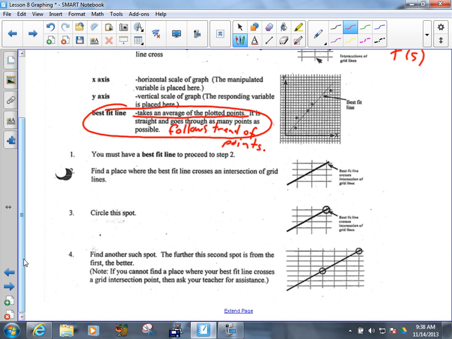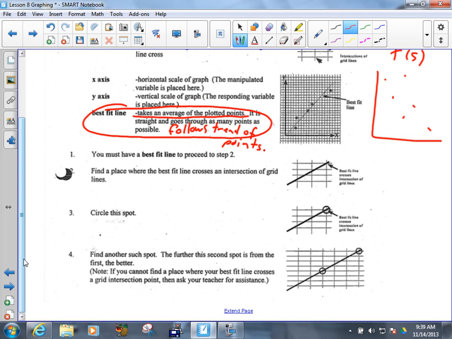Does a best fit line necessarily have to start at the origin? No. In fact, few do. For example, if my points looked like this, would a trend line starting at the origin give me an accurate representation of the trend?